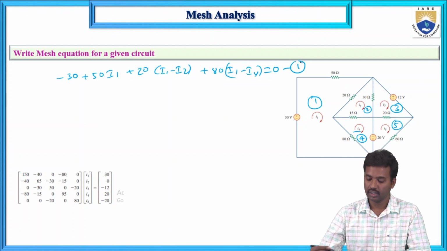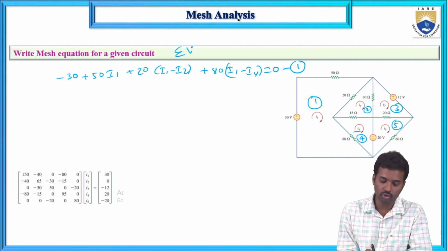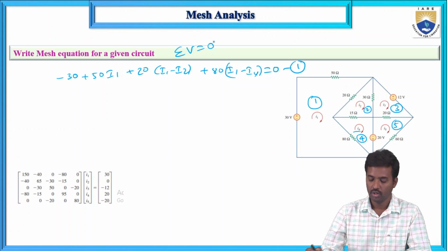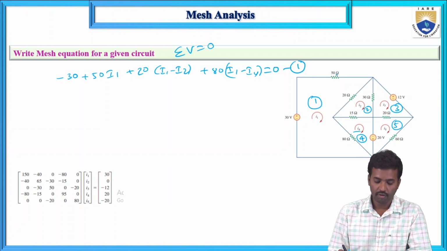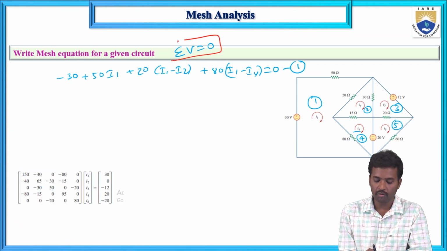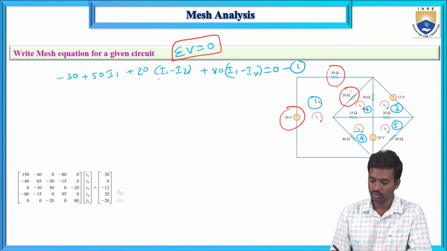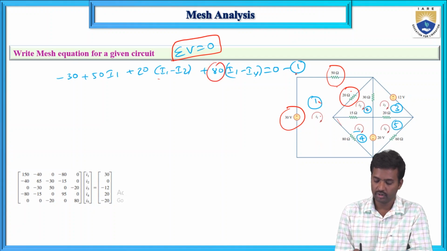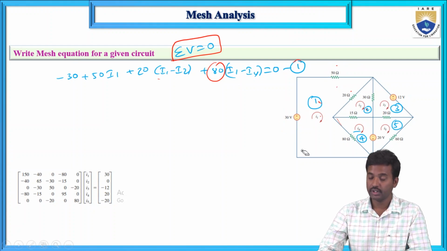The algebraic sum of total voltages in a loop equals 0. So 30, 50 into I1, and next 20 into (I1 minus I2), and next 80 into (I1 minus I4). This is equation number 1.